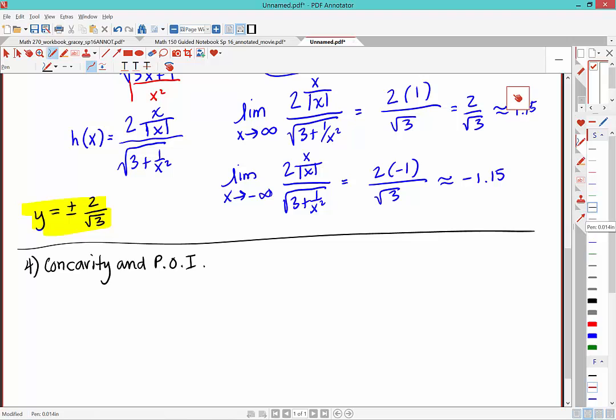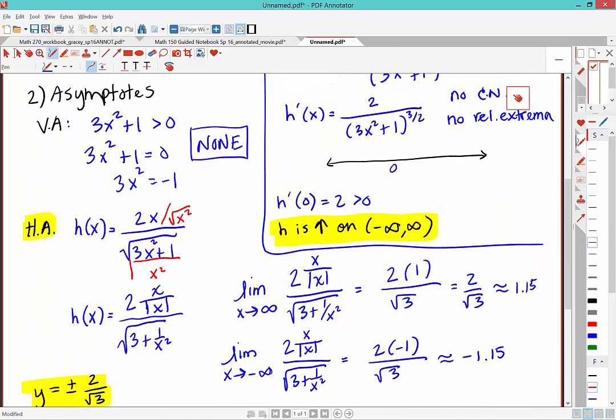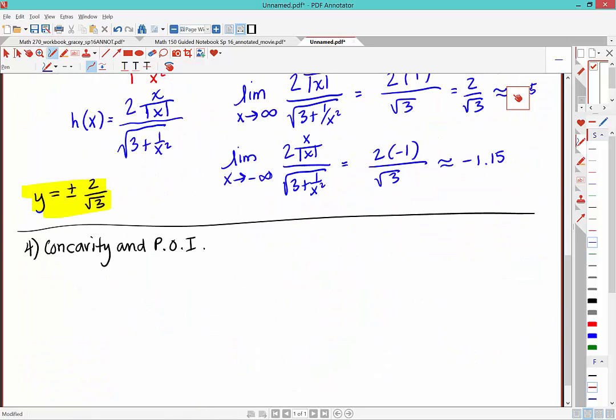So what was our derivative again? h prime of x was 2 over 3x squared plus 1 to the 3 halves, which we can write as 2 times 3x squared plus 1 to the negative 3 halves.